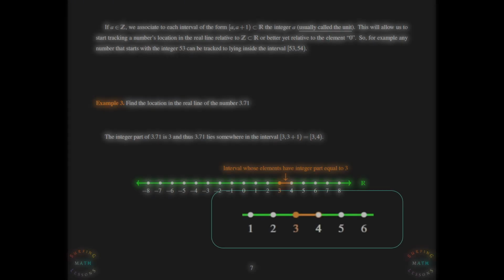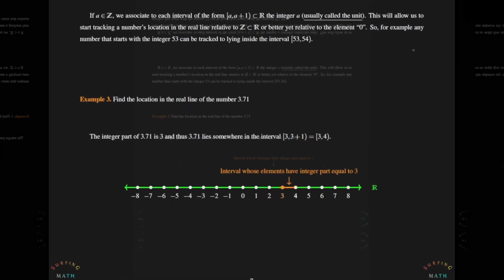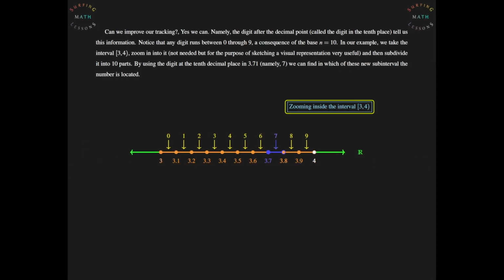To do so, let us concentrate our attention to the interval 3-4 depicted now by the color orange. I call this process zooming inside the interval. In the same way the real line was partitioned into a collection of disjoint intervals, we can do a similar process to the interval 3-4. Since the number we're tracking is represented using decimal expansion, we can partition the interval 3-4 into 10 equally spaced intervals of distance 0.1.